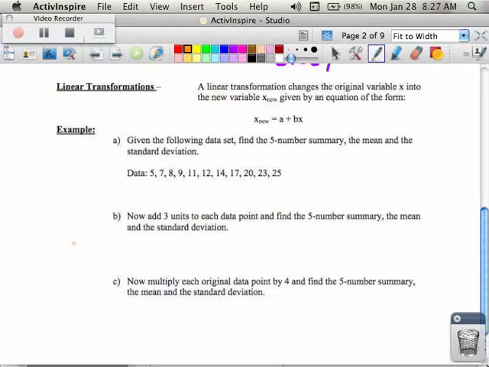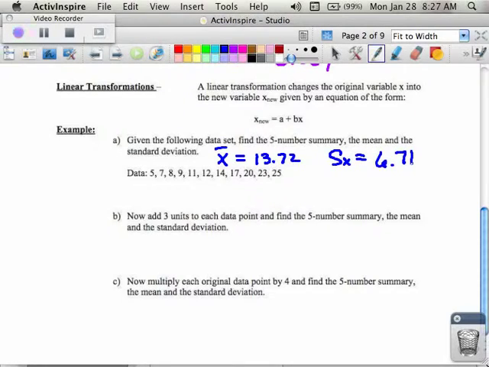So from our first list, we knew that our x bar, or our mean, was 13.72. We knew that our standard deviation, which we called Sx, was 6.71.